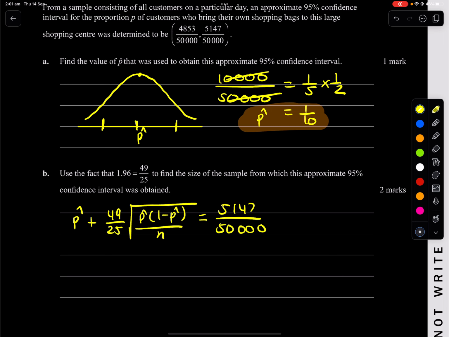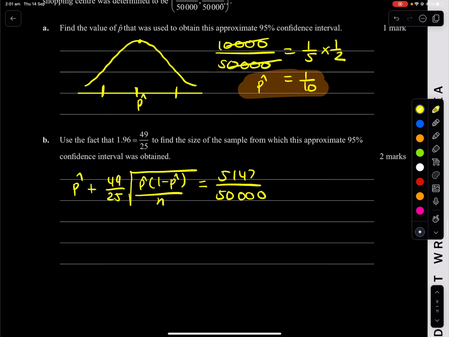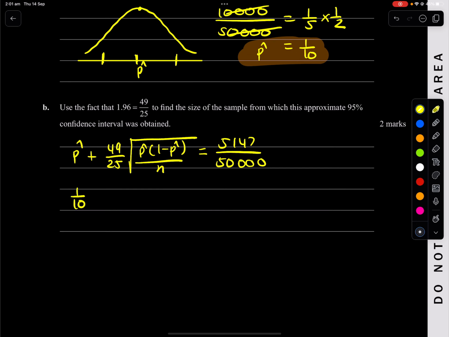We know P dash is 1 over 10, so we have 1 on 10 plus 49 over 25 times the square root of 1 on 10 times 9 on 10, all over N.